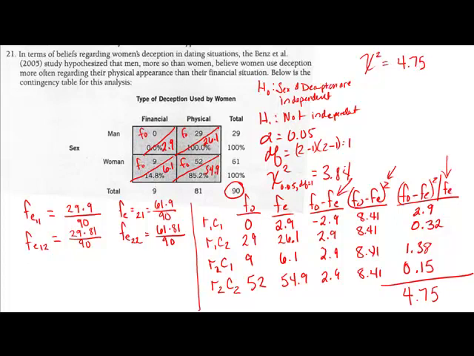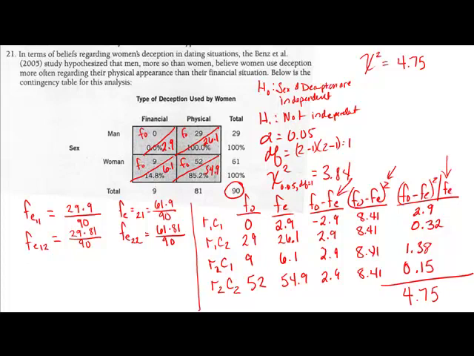We would reject the null hypothesis, right? Our 4.75 is greater than 3.84. So this analysis finds that there's a statistically significant relationship between gender and the type of deception used by women, such that a higher percentage of female respondents than male respondents believe that women were more likely to use physical deception than financial deception.